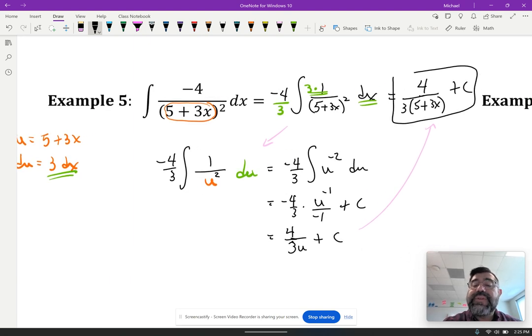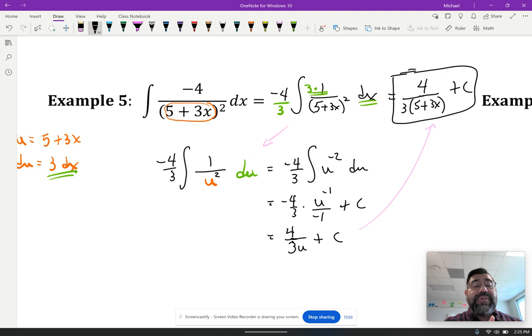This is the antiderivative that if I differentiate it, if I take the derivative, I get back to this. It works each and every time. I promise. So again, the process is the same. Identify the u expression, find the du exchange rate, I call it.